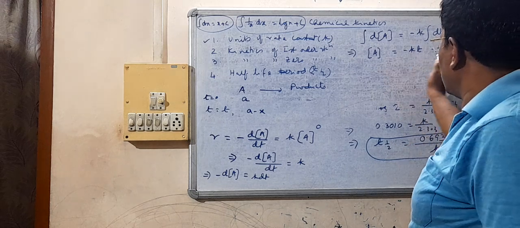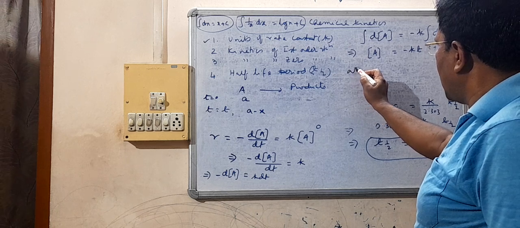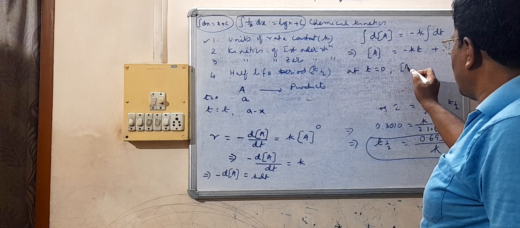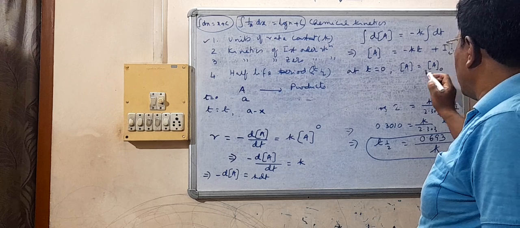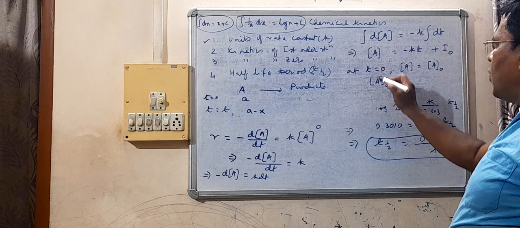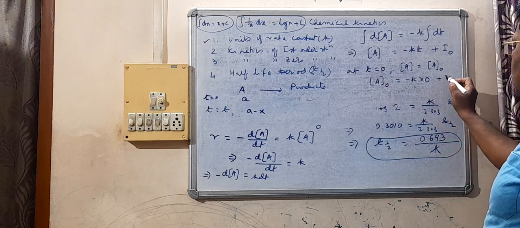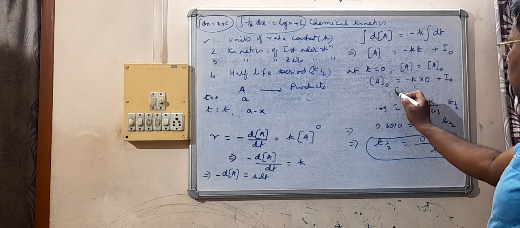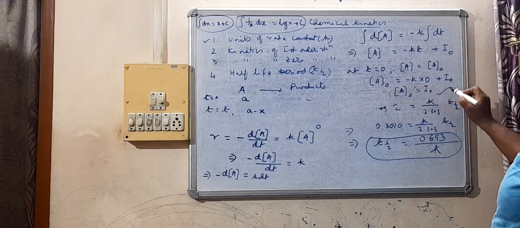To find the value of I naught, we put the initial condition: at T equal to 0, concentration of A was A naught. Putting this, we have A is equal to A naught minus K into 0 plus I naught. So this is the value of I naught we get.